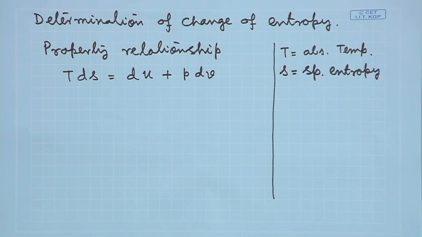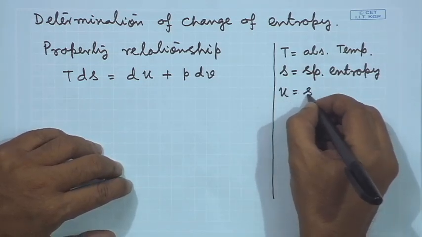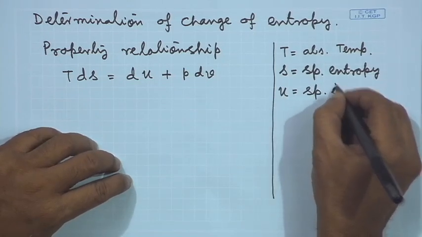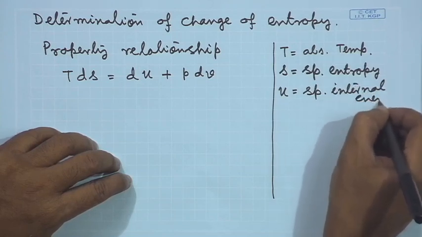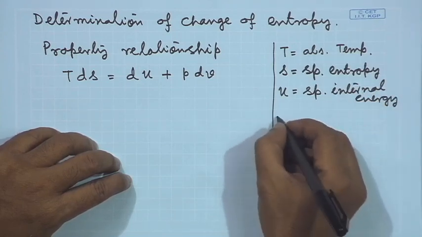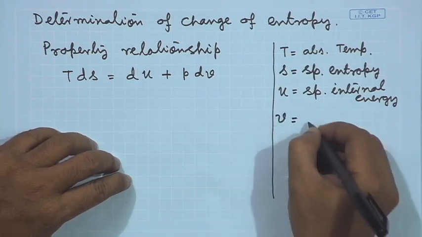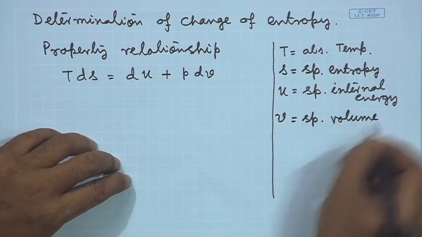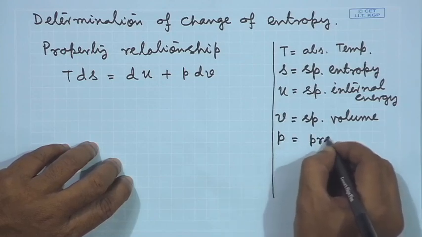S is the specific entropy, U is specific internal energy, V is specific volume, and P is pressure.